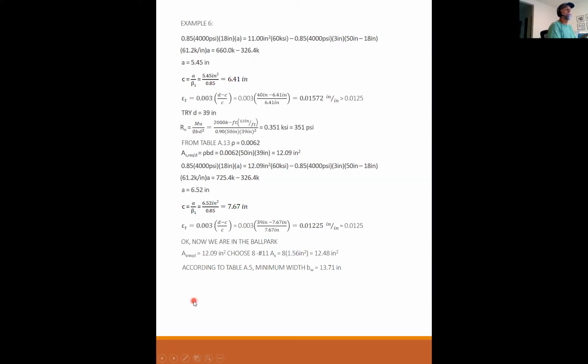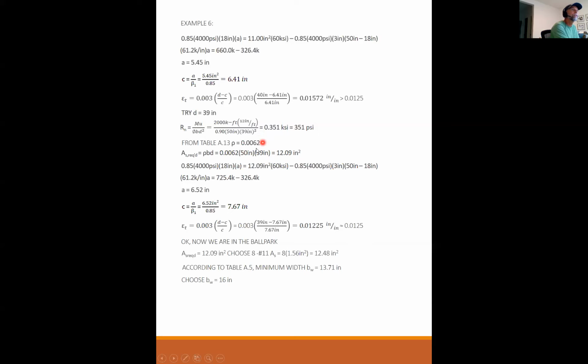According to the table A.5, our minimum width B sub W for 4 number 11s, because I'm putting them in 2 rows, is 13.71 inches. So we're going to stick with our BW equal to 16 inches. Actually, what did we use before?